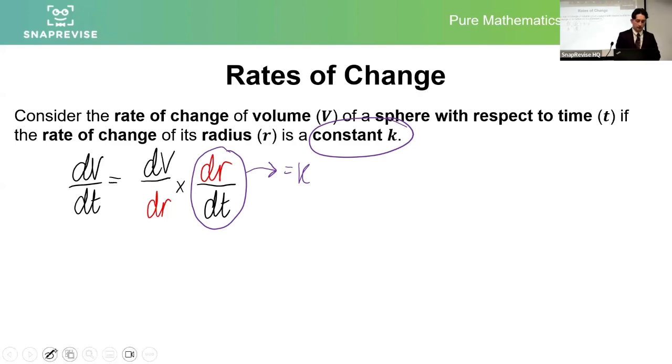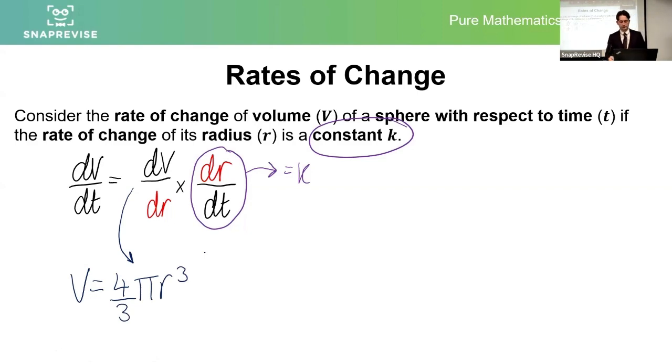These are worth knowing because I'm not sure all your exam formula books will give you these. So volume is equal to 4/3 pi r cubed, which you would have done at GCSE for a sphere.